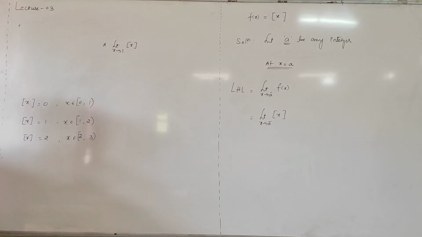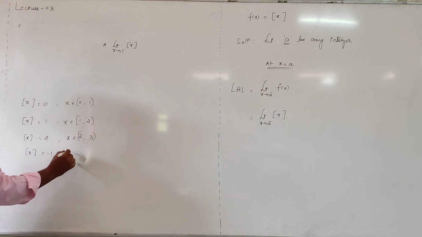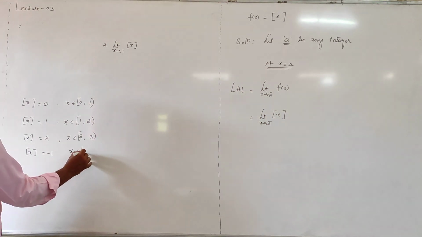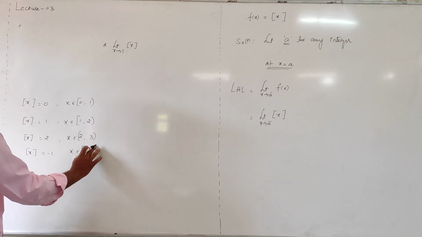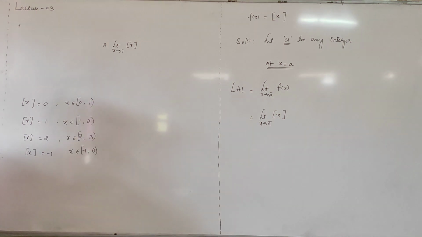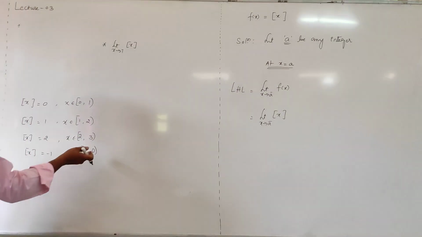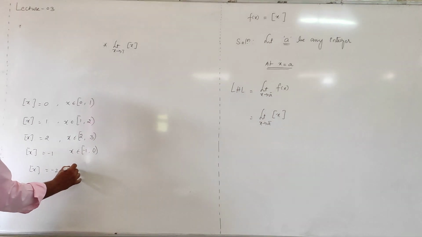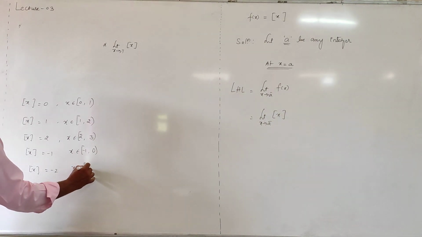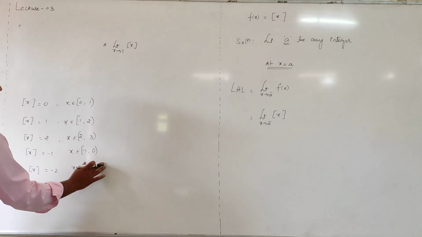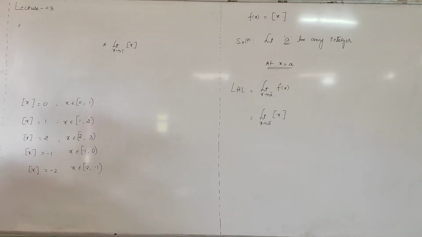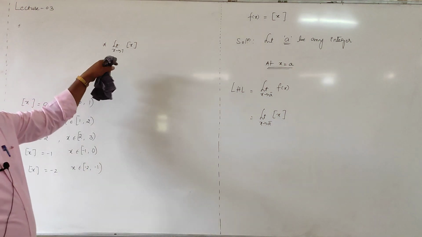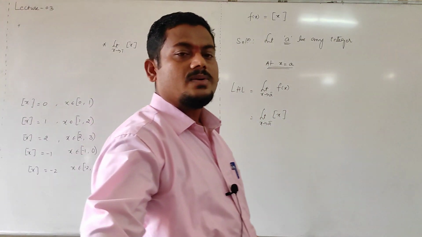And similarly step x equals minus 1 when x belongs to closed minus 1 to 0; if you put 0 then it gives 0, and for any value less than 0 the output is minus 1. Step x equals minus 2 when x is from minus 2, including minus 2, up to minus 1, and so on. Then tell me what is limit x tending to 1 minus of step x.